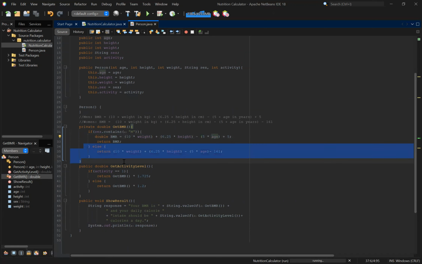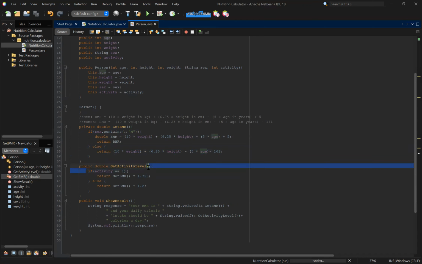If the person types in that they're female, they will be met with this calculation right here. Depending on their activity level, which is either 1 or 0, I chose this as our baseline: 1 indicates a high level of activity, and the result will be multiplied by 1.725. If they type 0 or any other value, the BMR number will be multiplied by 1.2.